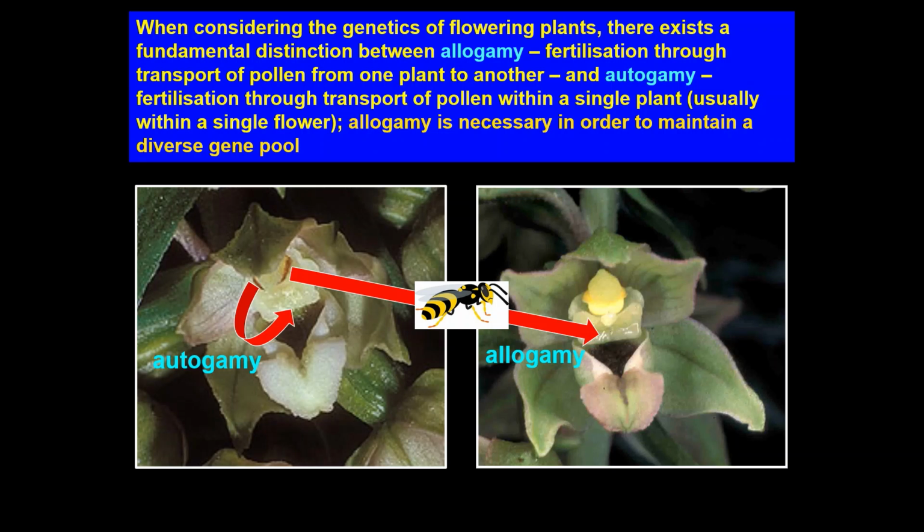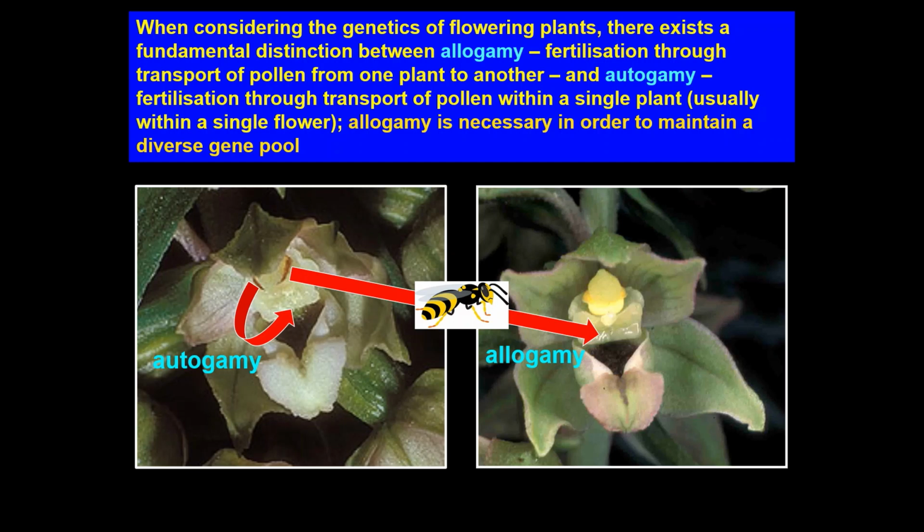I need to say a little bit more about the relationship between autogamy and allogamy, although at surface value it's relatively straightforward. In the case of allogamy, you're typically transferring pollen grains from one flower to a flower of an adjacent plant.